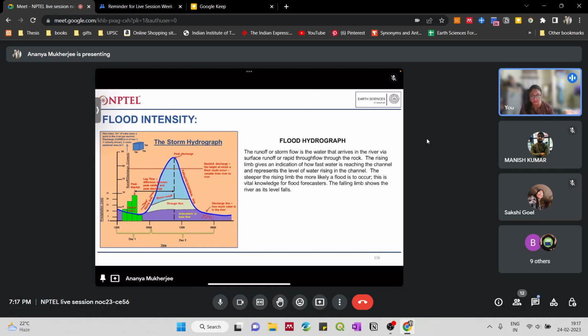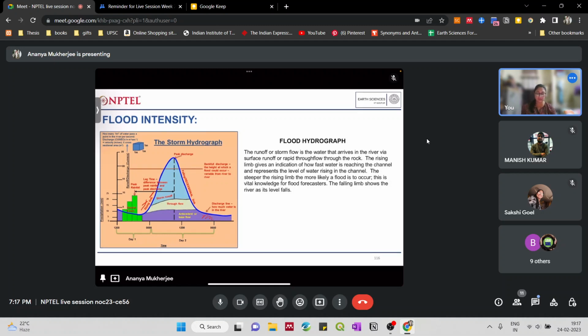But if the discharge increases more and more with time, and the rise is also very rapid, this is where the storm runoff is accumulating, or being received by the river. Then there is a threshold beyond which the river bank is not going to hold any more water, and flooding will take place.